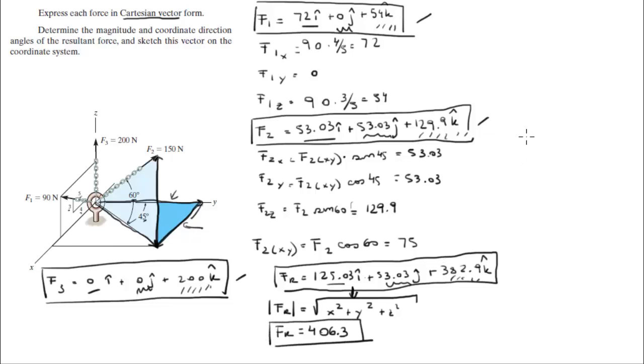Now to find the direction angles of the resultant force, which are these three. Remember, this is for the x, this is for the y, and this is for the z. All you gotta do is the cosine inverse of the x component over the magnitude, cosine inverse of the y component over the magnitude, and cosine inverse of the z component over the magnitude.